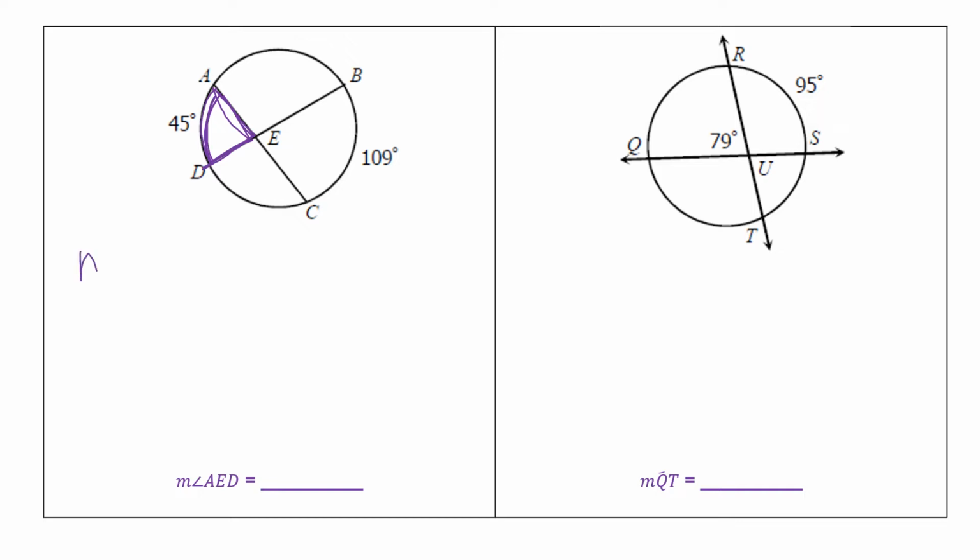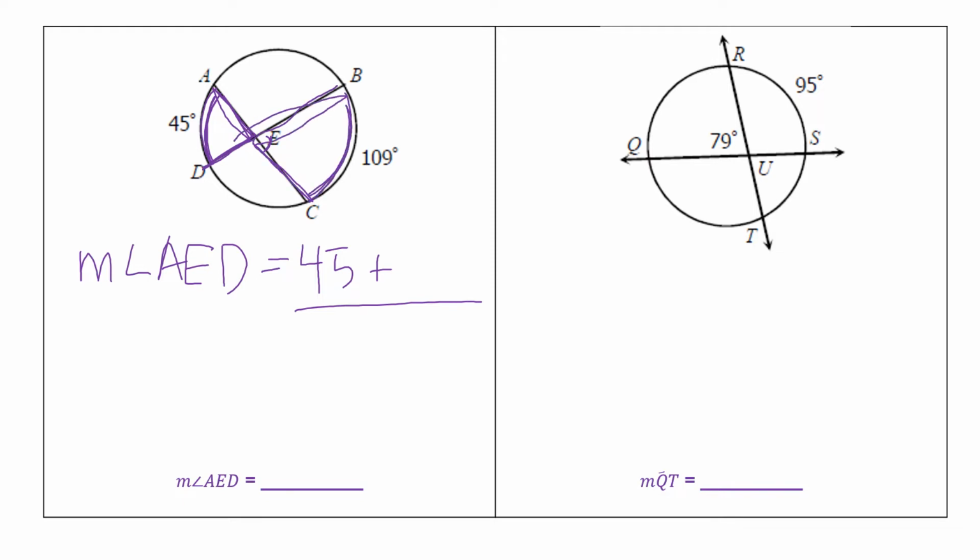So we're going to take its intercepted arc, 45 degrees, and add it to the intercepted arc of its vertical angle. Its vertical angle is right here, angle BEC, and it intercepts arc BC, which is 109, and then we're going to divide by 2.